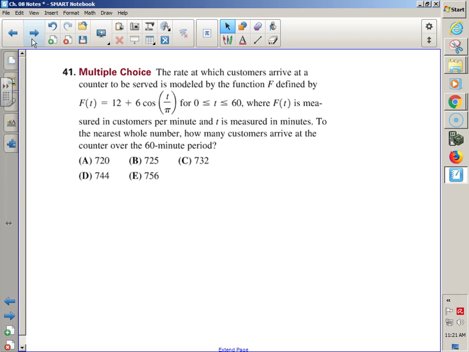No, it's like 19.2. No, it's going to be like 19. I don't know.